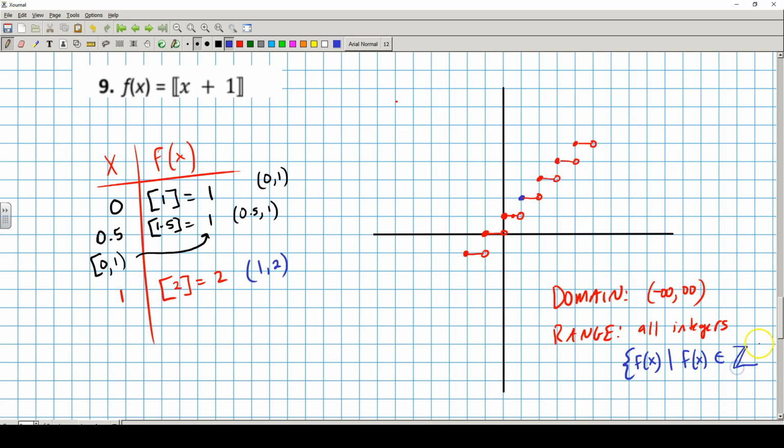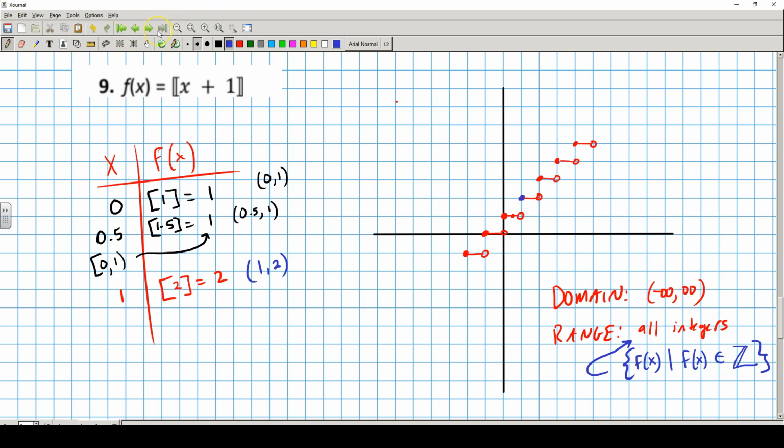If you see this in an answer key or something like that, it means the exact same thing. In the same way where we had all real numbers, we said x values such that x is an element of R, that fancy symbol for R. Same thing here. The integers are all the whole numbers, which can be negatives and positives. And so that would be the range.